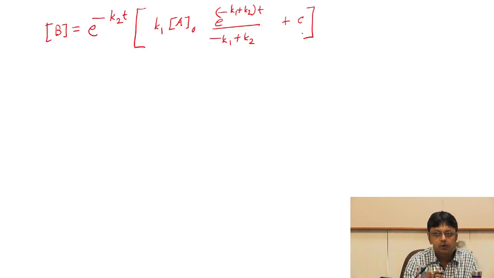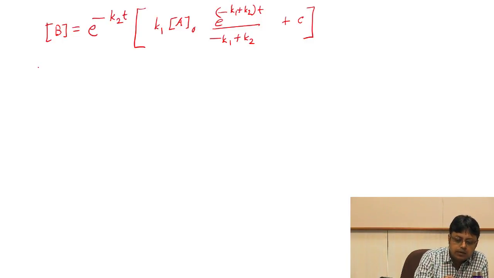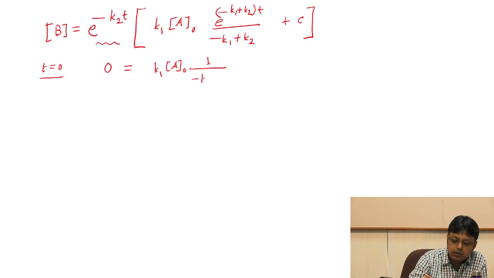Now we can first evaluate the constant. So at t equal to 0, we can figure out the b is 0, because we said that the initial concentration of b is 0. So this thing is also 1, and so what we have here is k1 into a0. This is also 1 because now t is 0, over minus k1 plus k2, plus c.